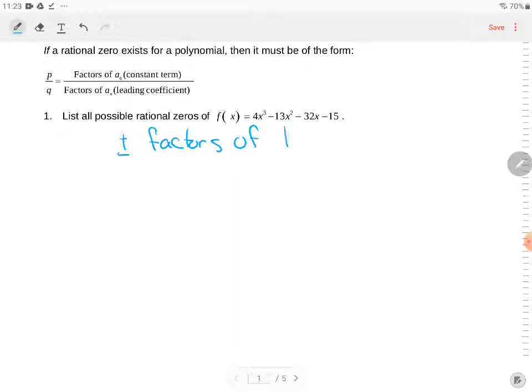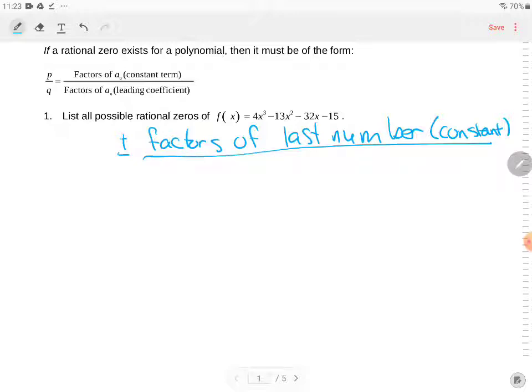of the last number. Okay, don't take the sign. And that's going to be the constant because it needs to be in descending order. Over the factors of the first number, which is called your leading coefficient.